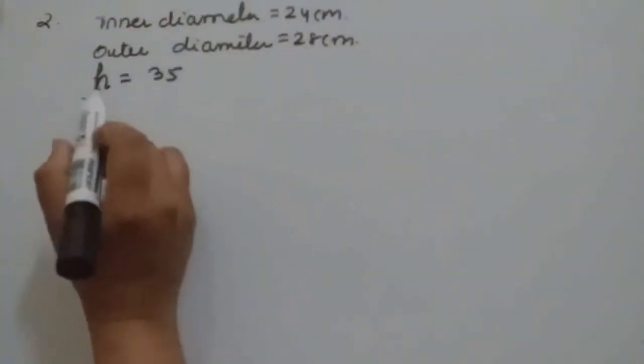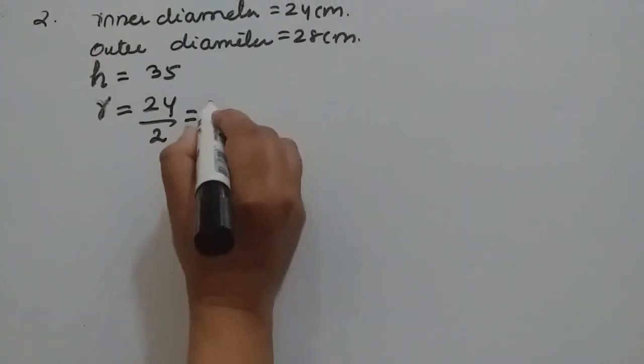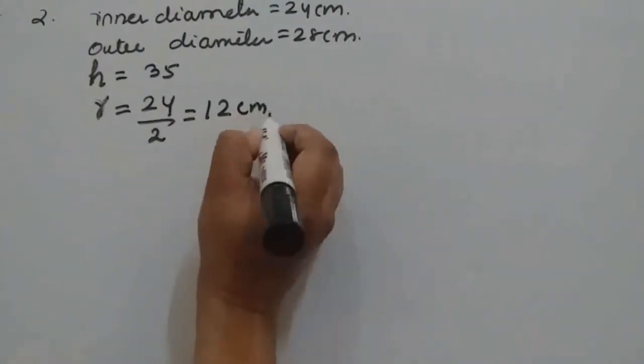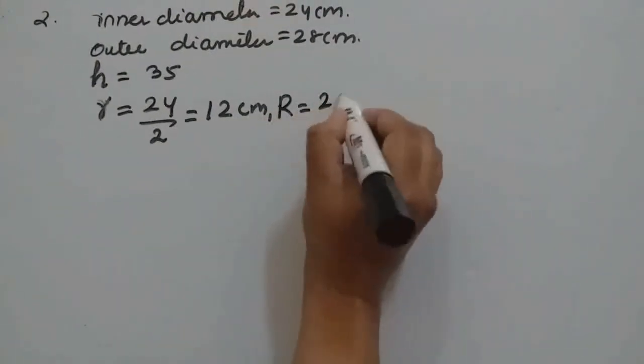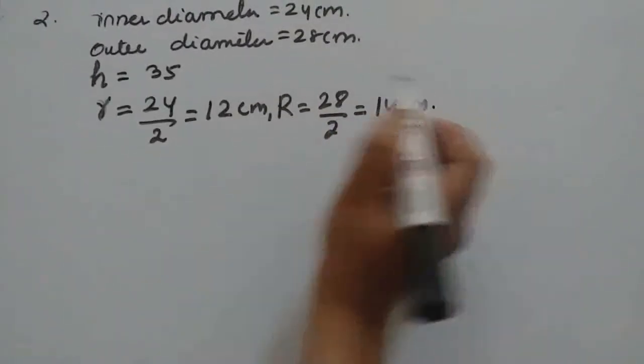So first we'll find inner radius and outer radius. Let it be small r, 24 by 2 for the inner diameter, so that will come 12 centimeter. Capital R, 28 by 2, so that will come 14 centimeter, okay.